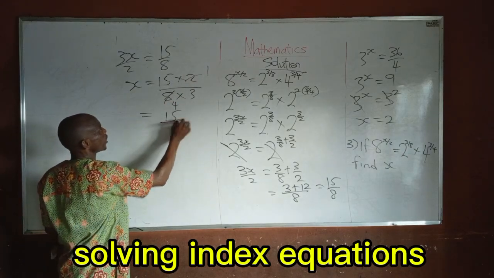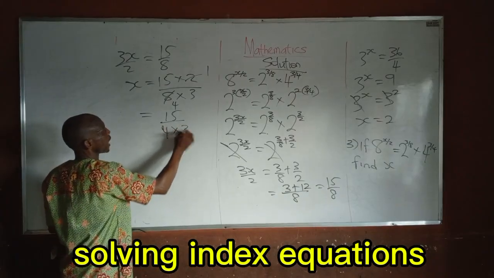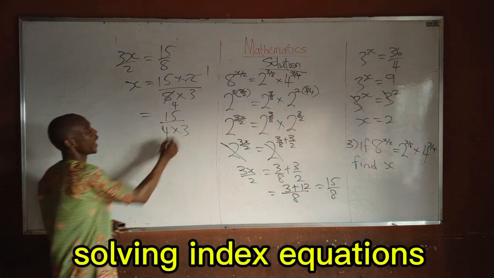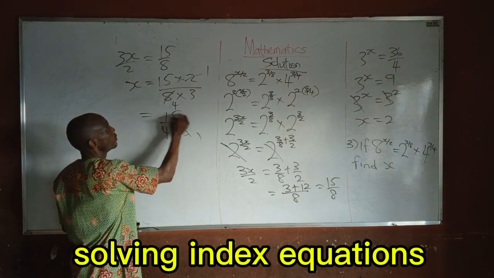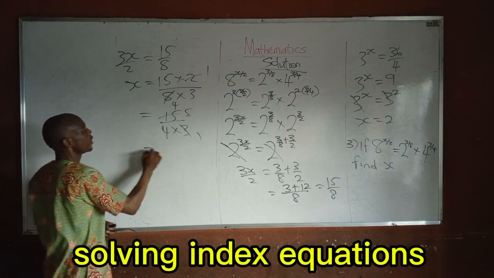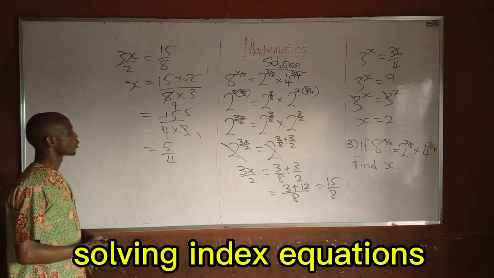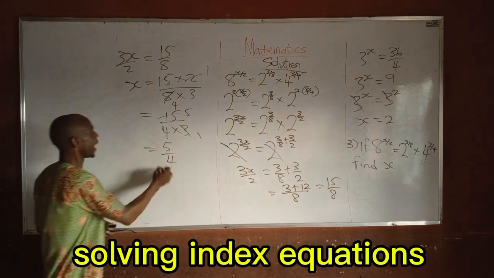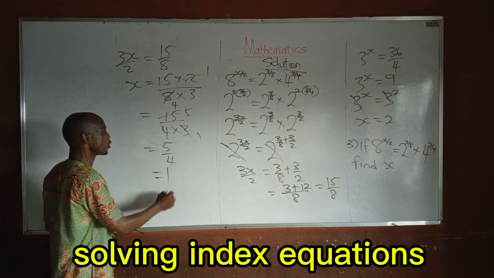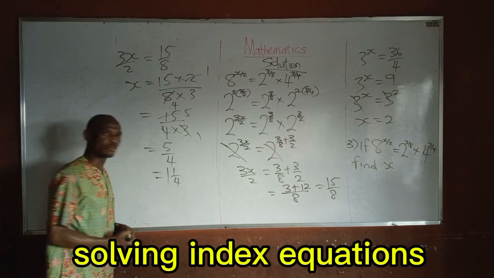So we now have 15 all over 4 times 3. 3 will cancel and give us 5. So we now have 5 all over 4. So our answer can be written as 1 whole number, 1 all over 4.